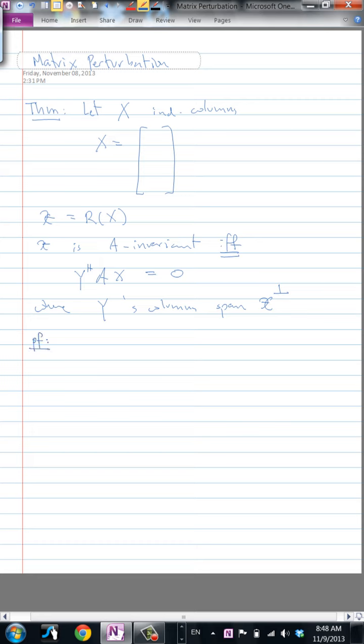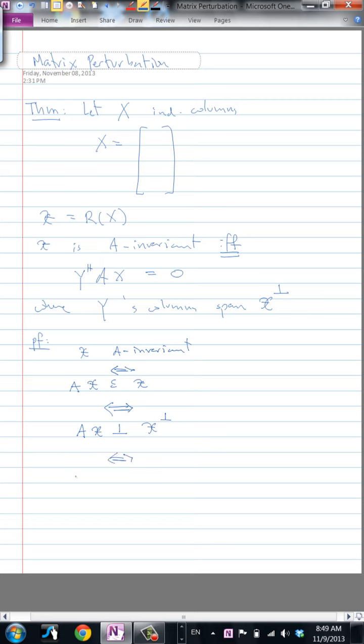It's quite straightforward. What does X being A invariant mean? This is the same as writing that A times x, meaning A times any vector from the subspace, again lands in X. And this is the same as writing that A times X is perpendicular to the perpendicular space to X. These are equivalent.